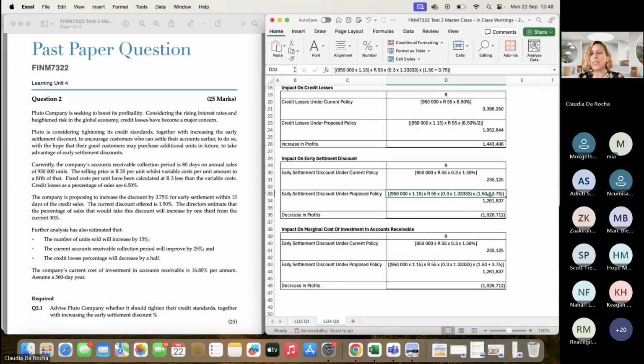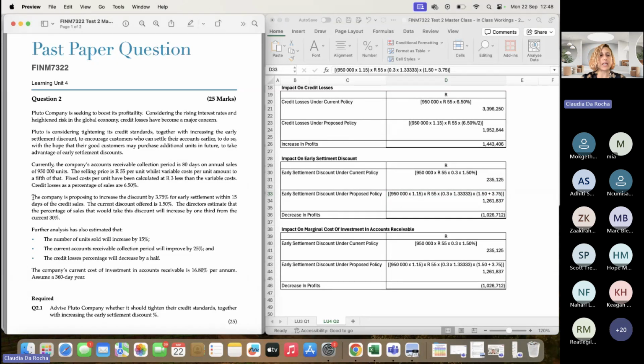Okay. Then here I'm adding 1.5 to 3.75. Why? Because here they said that the company is proposing to increase the discount by 3.75% for early settlement within 15 days of the credit sale. So they're saying they are anticipating to increase this 1.50 by 3.75.